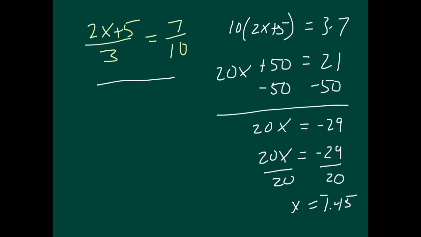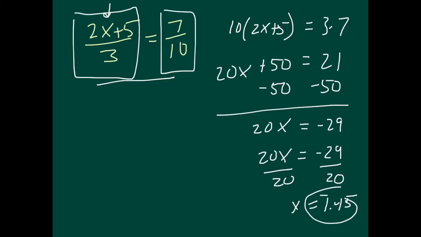Might look like what we just did here. Might be x minus 5. But the value that you get for x, in this case the negative 1.45, if you substitute back in there, the value of this division right here must equal the value of this division right here. So when we put negative 1.45 up in here, that should equal 7/10.